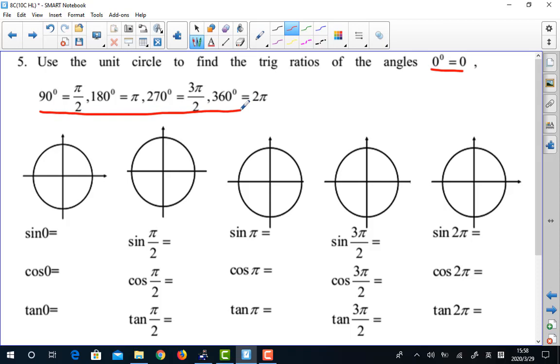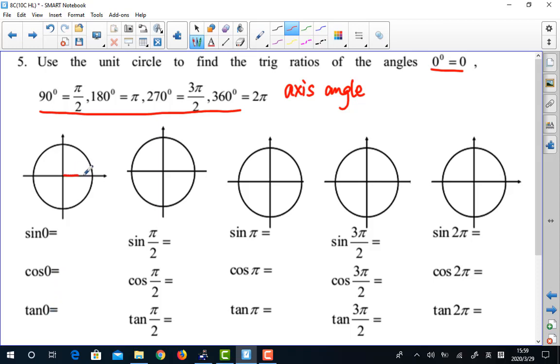In section 4, all the angles terminate in the quadrants, but those angles terminate on the axes. We also call those angles axis angles. If the terminal arm of an angle terminates on the positive x-axis, positive y-axis, negative x-axis, or negative y-axis, we call those angles axis angles. Let's look at how we can use the unit circle to find sine 0, cosine 0, and tangent 0.